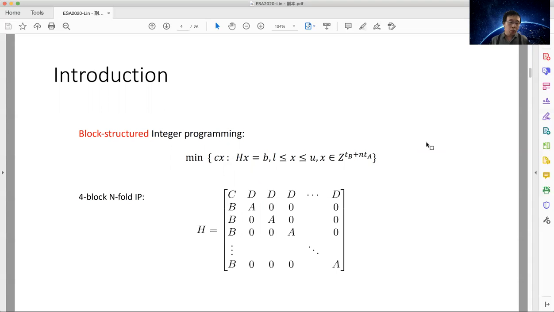Throughout this talk and also the paper, we will be focusing explicitly on this kind of block structure where H consists of one copy of a small submatrix C and n copies of small submatrices A, B, and D. As you can see here, the first row contains one C and n copies of D, and the diagonal consists of one C and n copies of A, and the first column consists of one C and n copies of B.